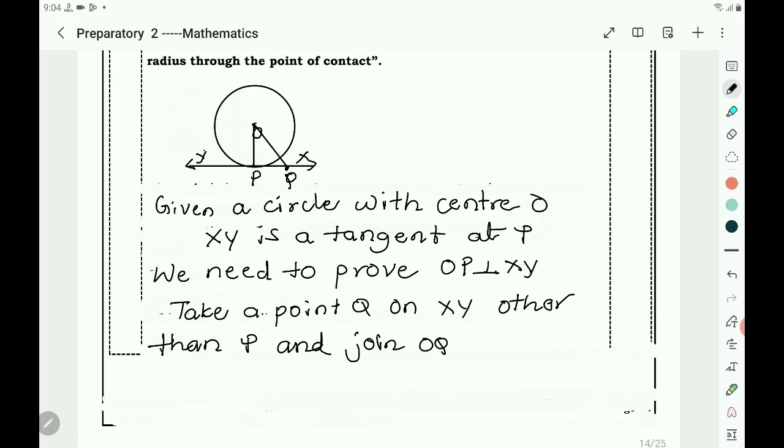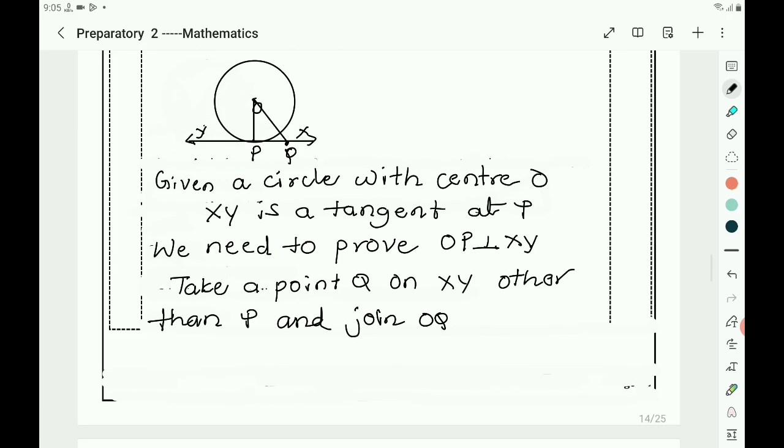Here Q is a point on XY other than P, and we have to join OQ. Here you know that OQ is greater than OP because Q is outside and P is on the circle.